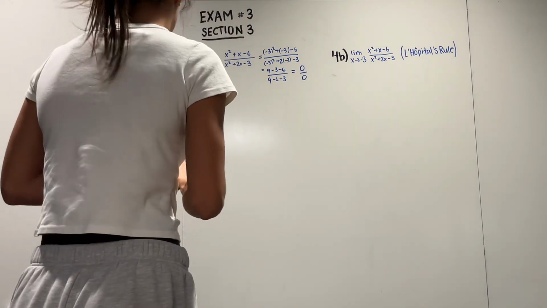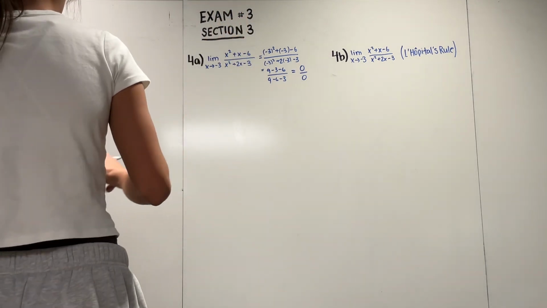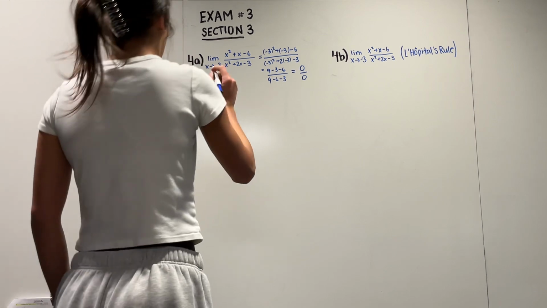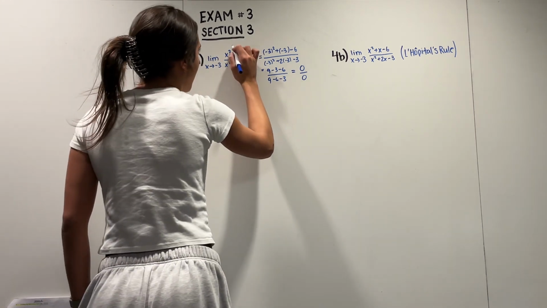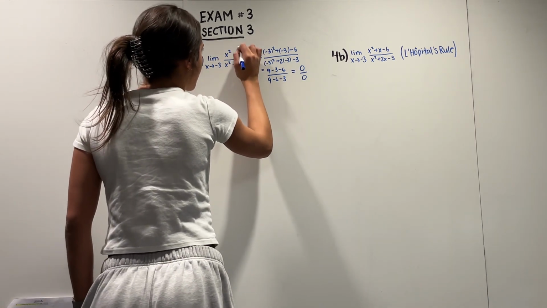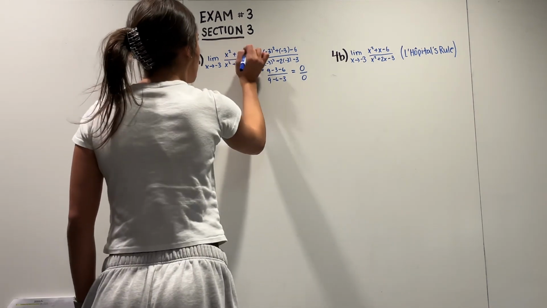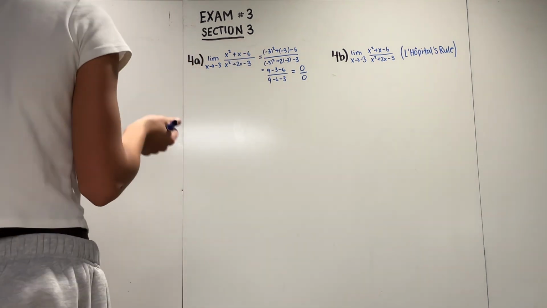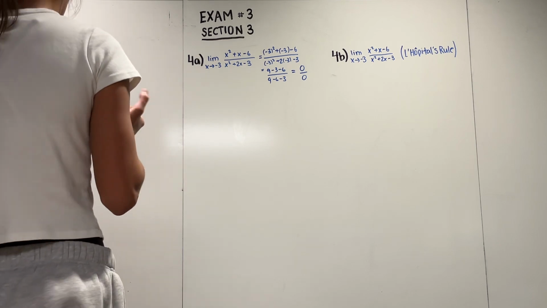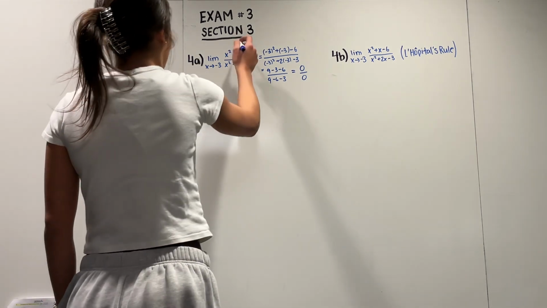So what we're going to do is factor this. I'm going to ask myself what multiplies to -6 but adds to 1. We want these two to multiply to -6 and add to 1, and the numbers are going to be -3 and 2.